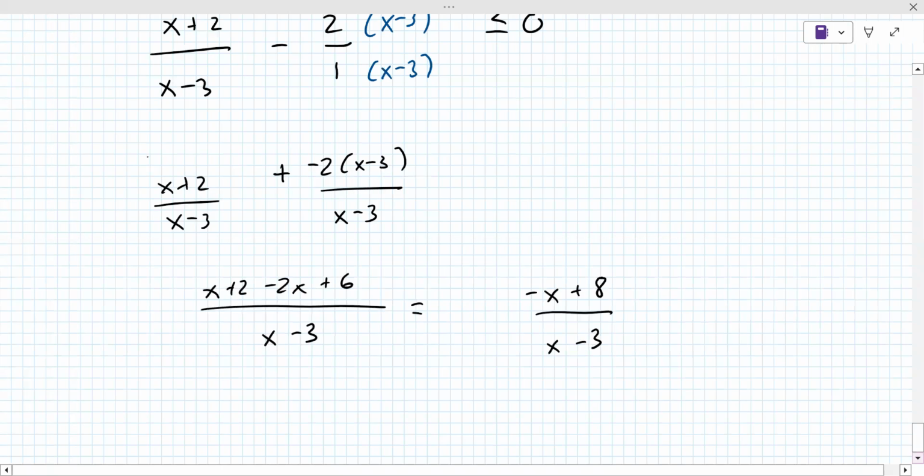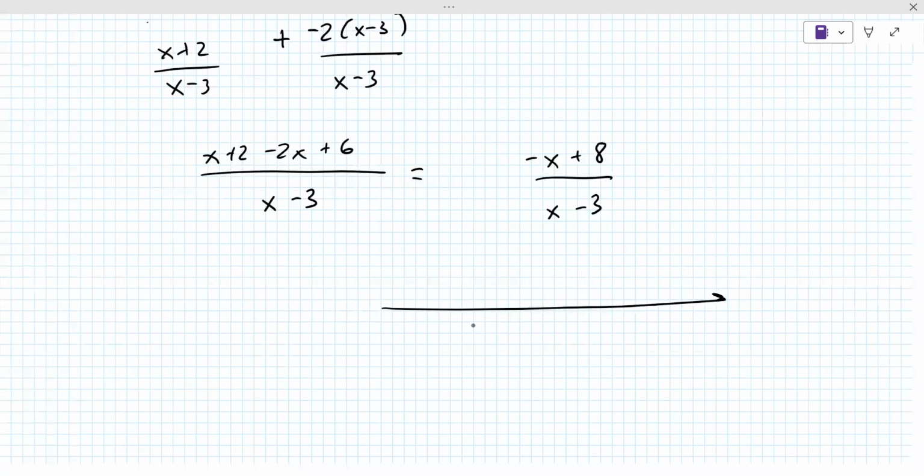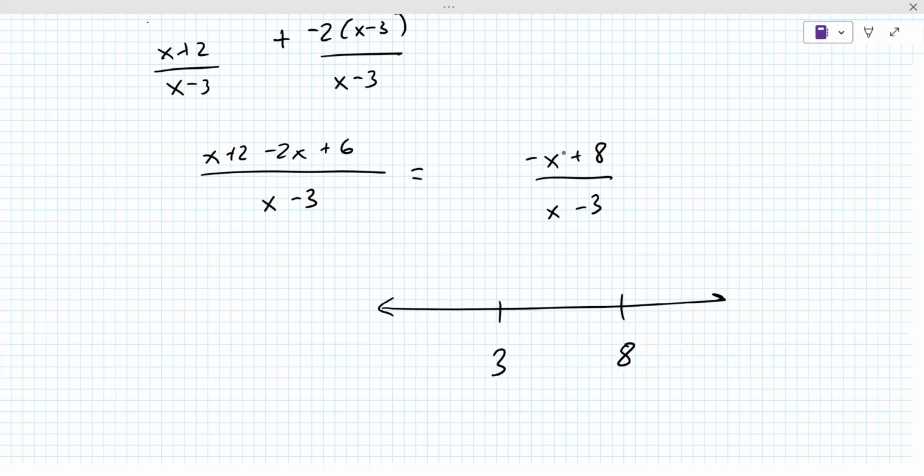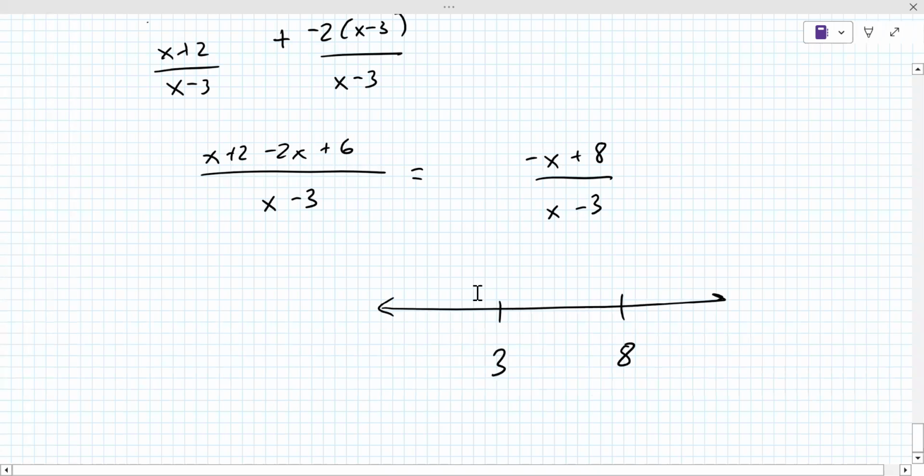And then you do the same thing you were doing in the last problem. You make a number line and you say, okay, at 3, there are going to be 2 points. 3 for the bottom, that's where it's 0. On the numerator, it's 8. That makes it 0. And you have to test each of these regions. Maybe test 0, 5.